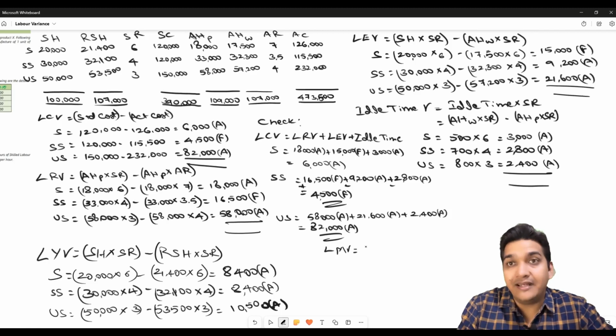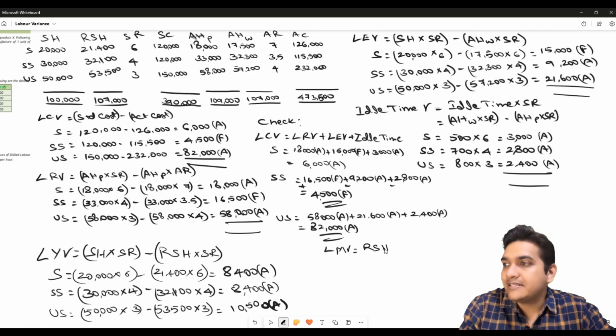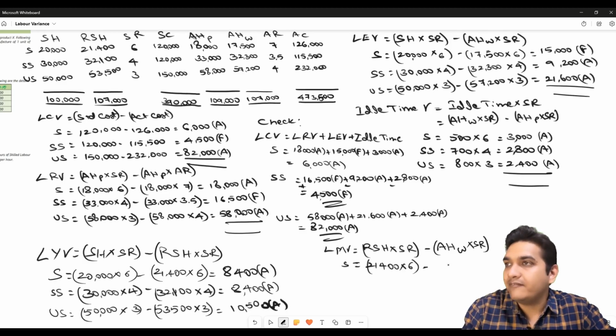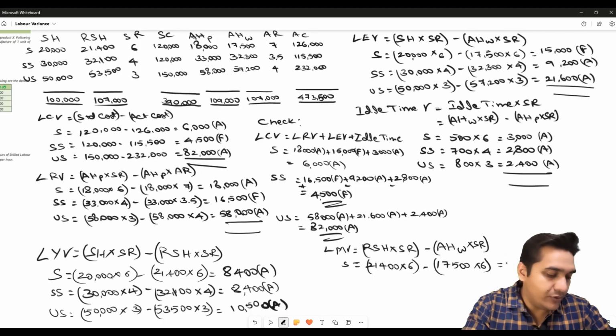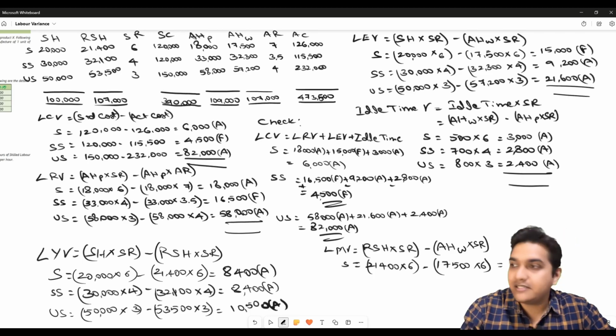The formula to calculate labor mix variance is revised standard hours into standard rate minus actual hours worked into standard rate. For skilled, what is the revised standard hours? 21,400 into 6 minus actual hours worked 17,500 into 6, which is equal to 21,400 minus 17,500 into 6.